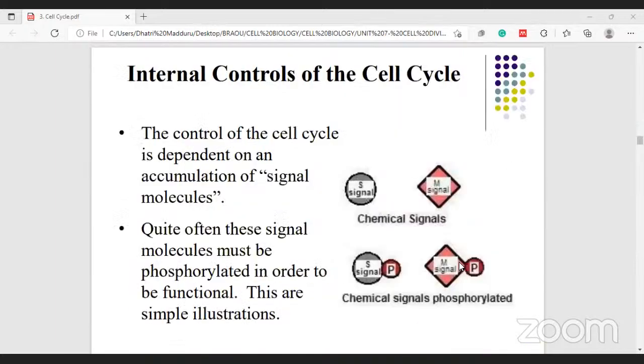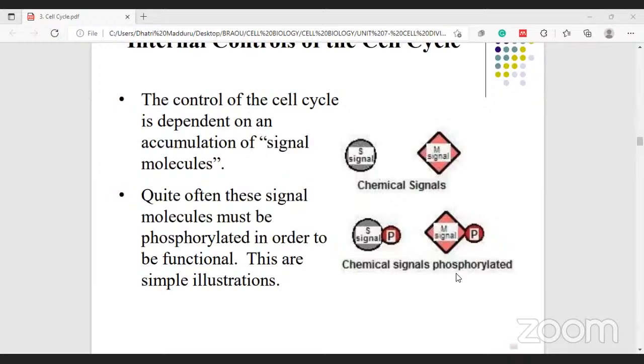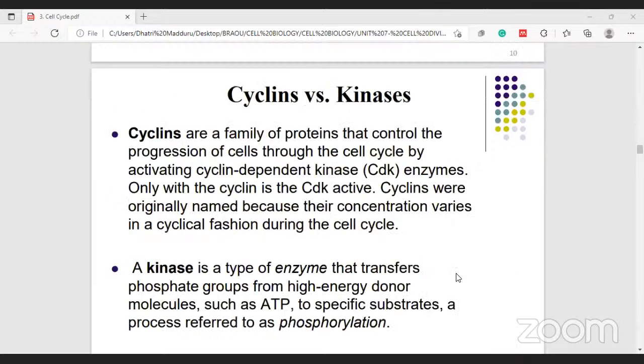So here there are two types of enzymes called cyclins and kinases. Cyclins are the family of proteins that control the progression of cells through the cell cycle. And there are other enzymes called cyclin dependent kinases. A kinase is an enzyme which transfers the phosphate group.